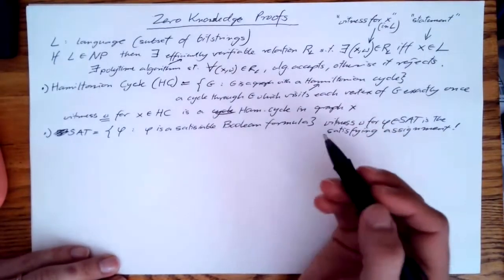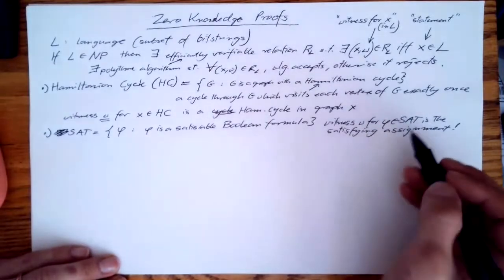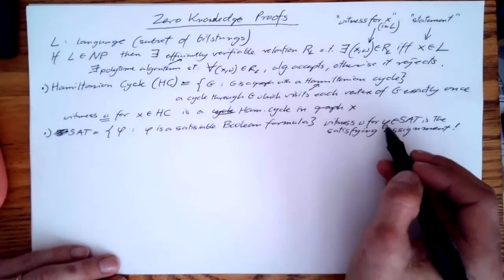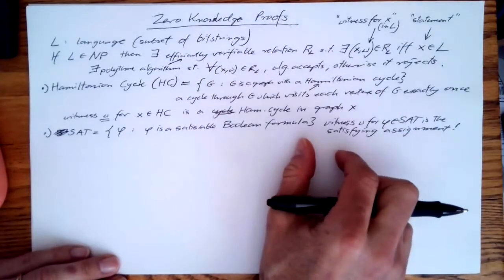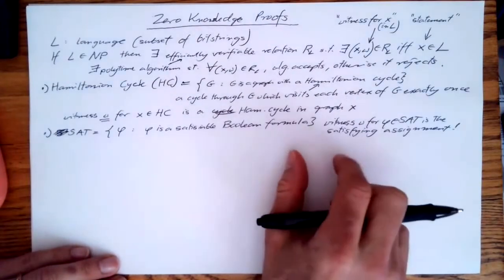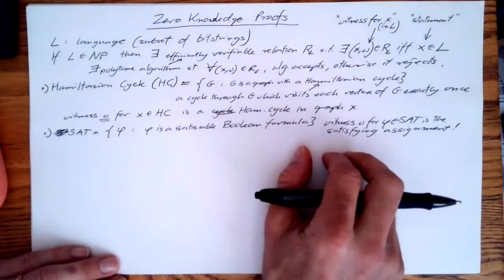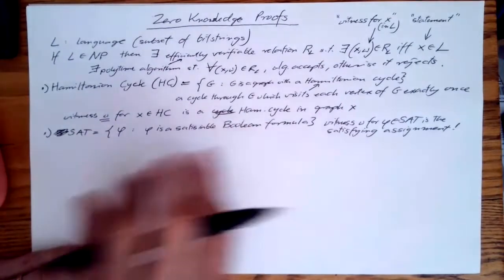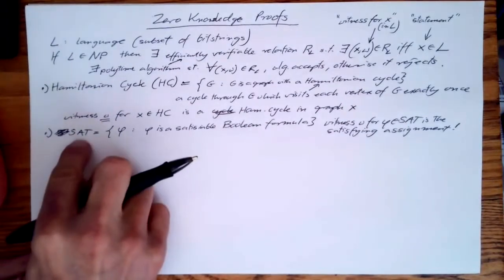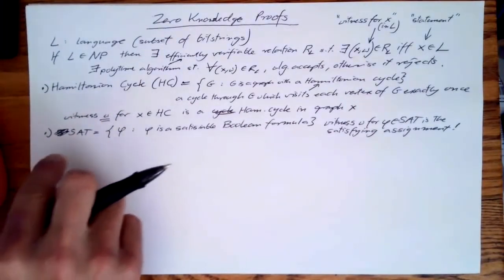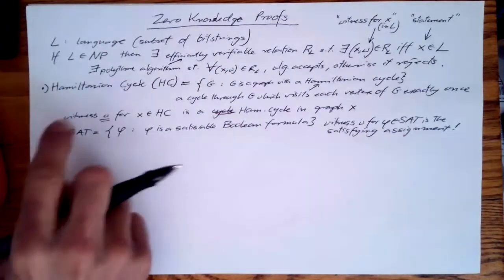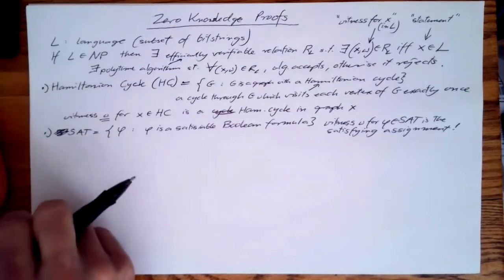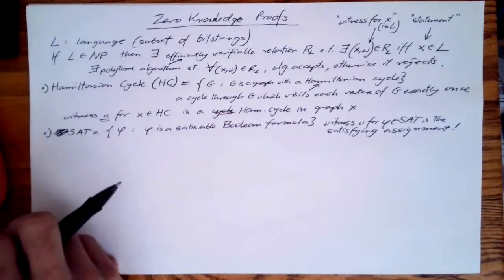And there is a 3-SAT version, which is simplified. The formula is only a conjunction of disjunctive clauses, and the disjunctive clauses have to have only 3 elements, and one is reducible to the other. So if you can solve 3-SAT, then you can solve SAT, and of course vice versa, because this includes these particular formulas.